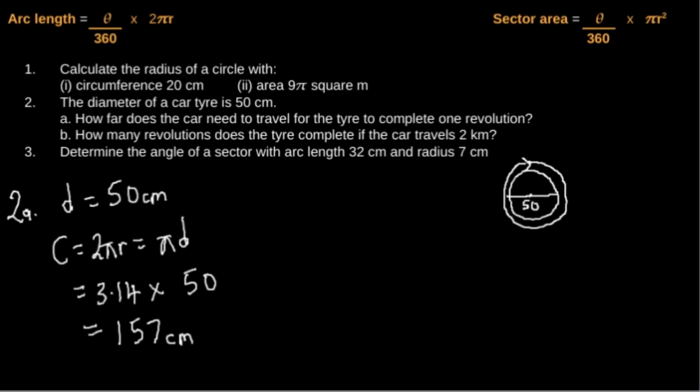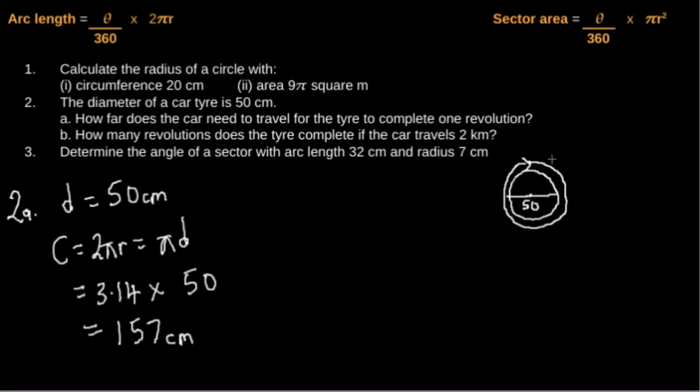All right, so for this second question, 2b and number 3, I would like you to try it out yourself and see if you can answer it correctly. We're going to start the next video by answering those two questions. How many revolutions does the tire complete if the car travels 2 kilometers?